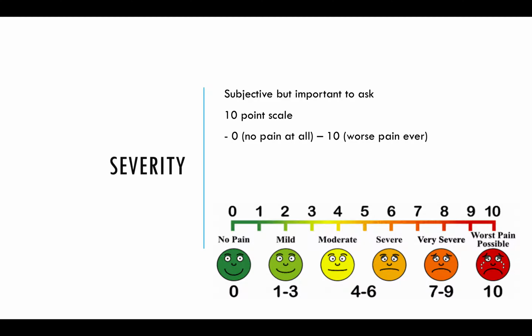Now, the FACES scale down here is one of the common ones described for children. Depending on the age of the child, you can ask them to use 1 to 10. You can write the numbers on a page and get them to point to a number. It depends on the child, their education level, and how much pain they're in.